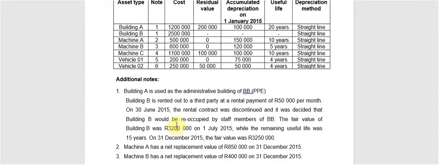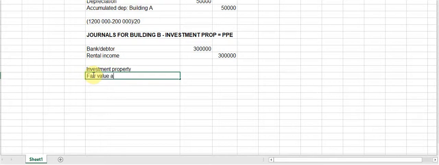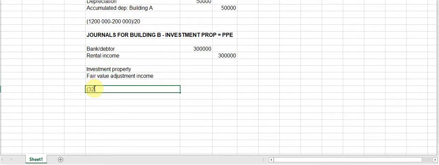It seems to me like the value has increased. So I'm going to recognize here that investment property needs to be increased, and that is a fair value adjustment income. Now we need to measure the difference between the 3.2 million, which is the current value on 1 July, and the cost price, which is 2.5 million.